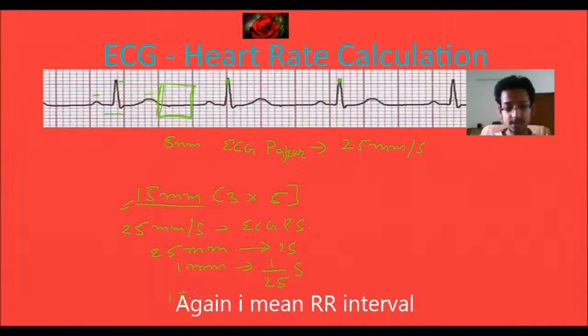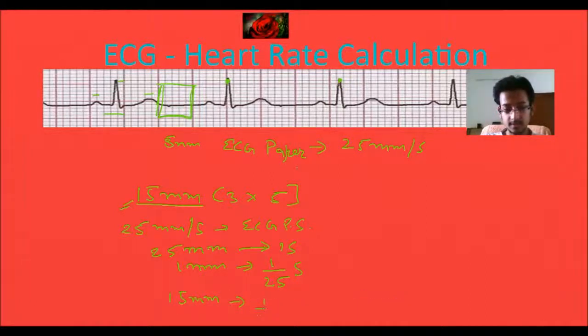So how much time is taken by 15 mm for one beat? We multiply 1 by 25 by 15 mm, and to simplify, we get 3 upon 5 seconds. Now friends, it's very easy. We have now derived the time of the cardiac cycle: 3 upon 5 second is the time duration of the patient's cardiac cycle, that is, 3 upon 5 second is taken by the heart to beat once.